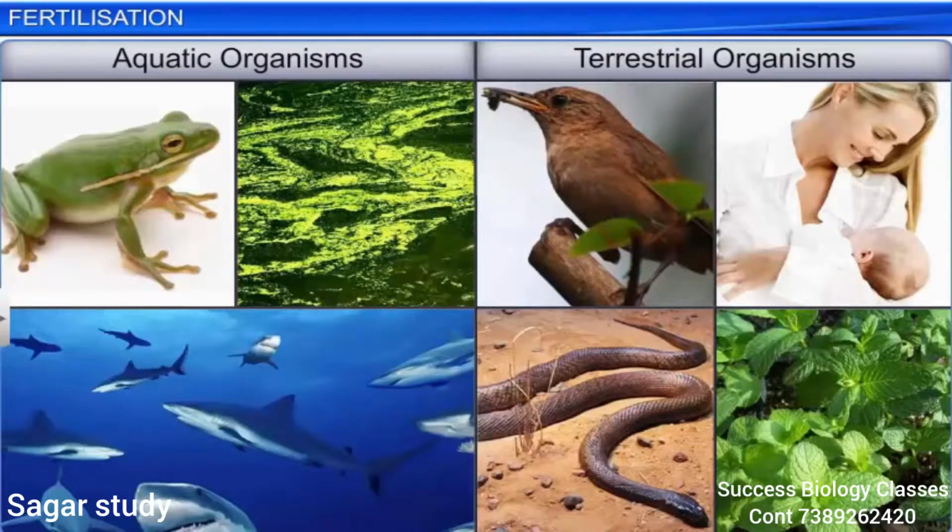Fertilization, on the other hand, occurs in a wide variety of aquatic as well as terrestrial organisms. However, the way fertilization occurs in aquatic organisms is very different from the way it occurs in terrestrial organisms.